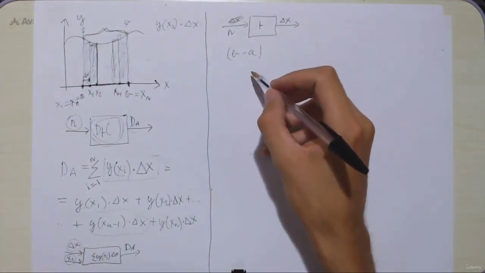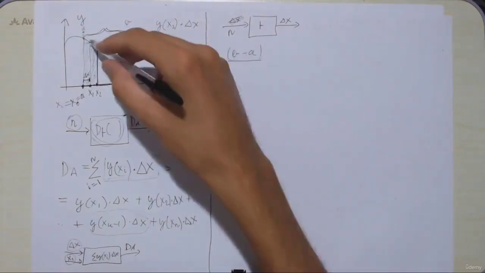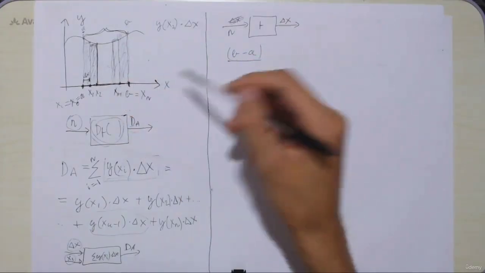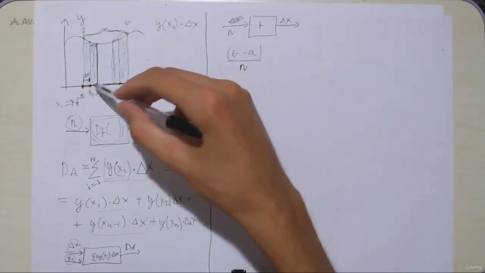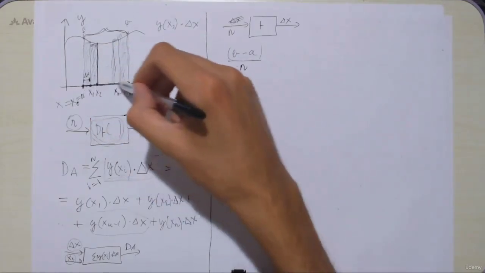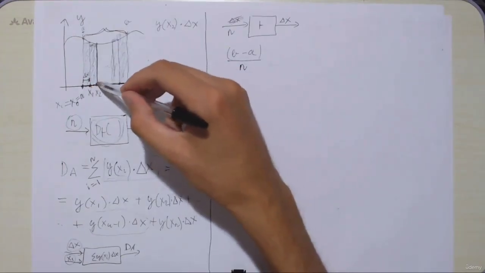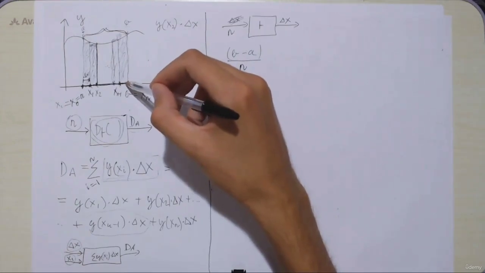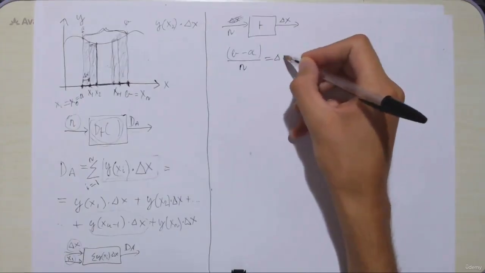And now, what will happen if you divide this distance by the amount of rectangles, so by n? So if your n is 10, if you divide it by 10. If I divide this by the amount of rectangles, what will I get? Well, I take this distance from A to B, and if I divide it by n, I will chop it into small little pieces. And then the distance of that piece is delta x, right?